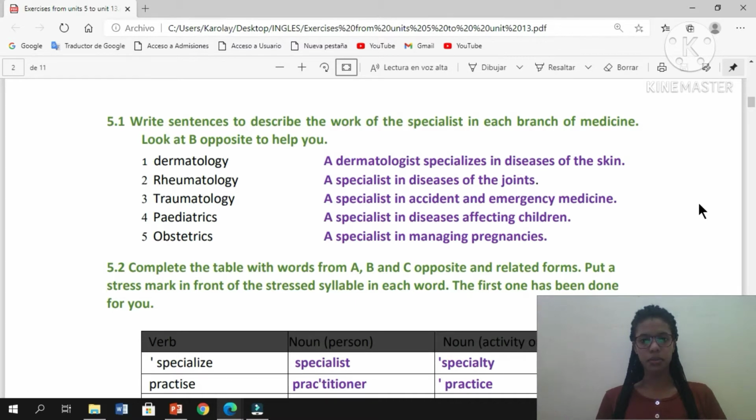Rheumatology: a specialist in diseases of the joints. Traumatology: a specialist in accident and emergency medicine. Pediatrics: a specialist in diseases affecting children. Obstetrics: a specialist in managing pregnancies.